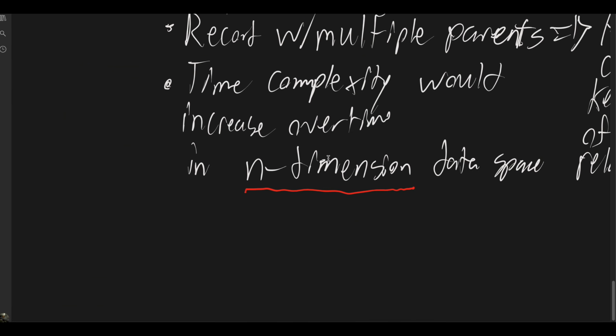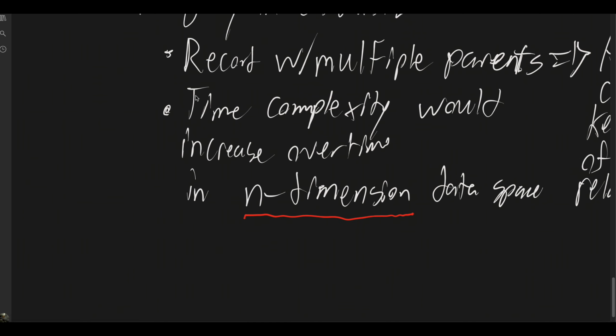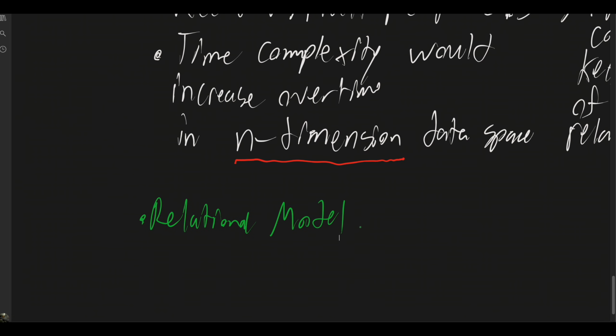So the relational model laid out the data in tables, as specified before, by rows and columns, and there was no nesting of structured data.